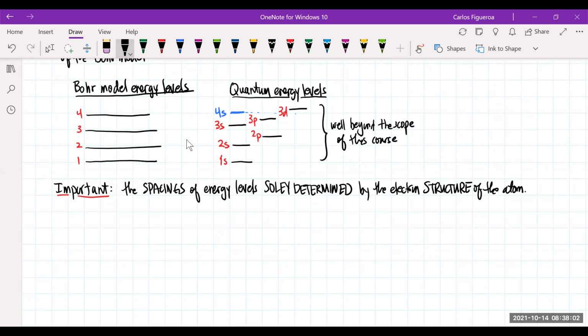So in other words, if you talk about energy levels, then you talk about the atomic structure. However, if you talk about atomic structure, you talk about the energy levels.